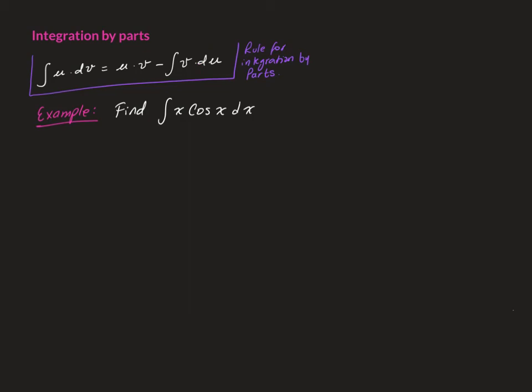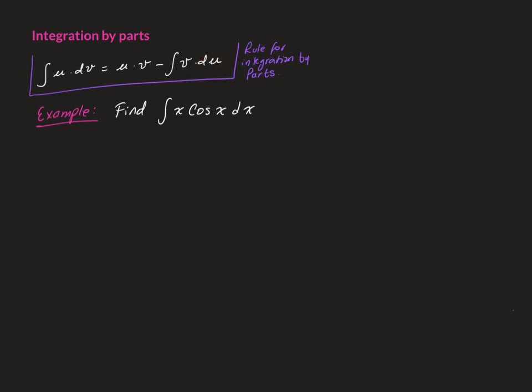In this case, the thing that is a little bit difficult here to integrate is the fact that I'm multiplying the cosine by x. So if I make u equal to x, then in the right hand side of the rule I'm going to have the derivative of x, which is 1.